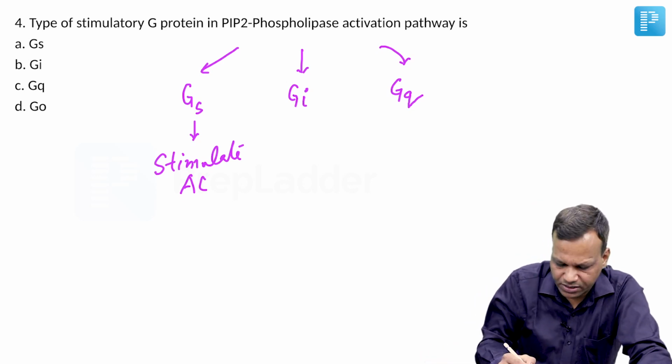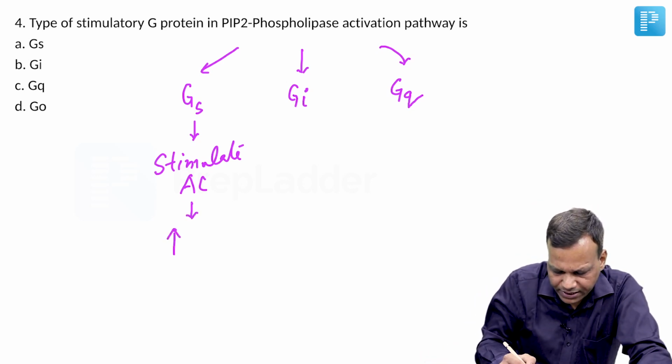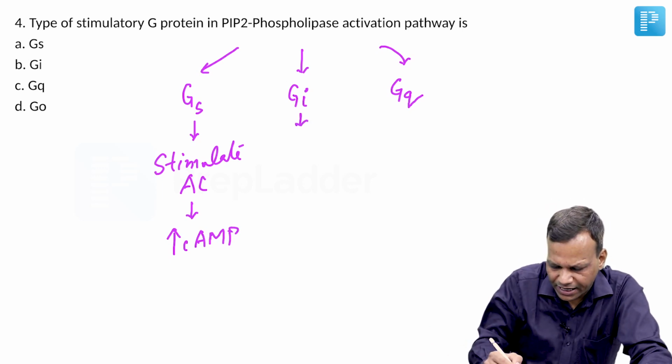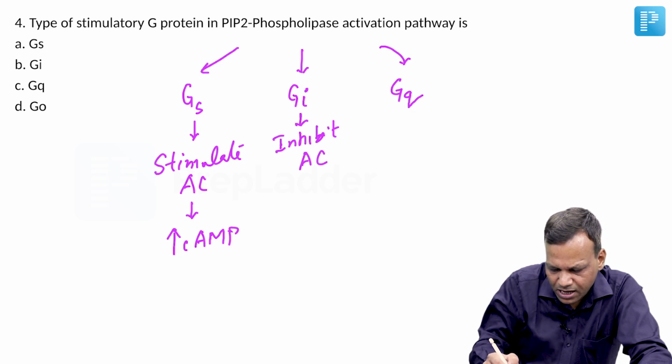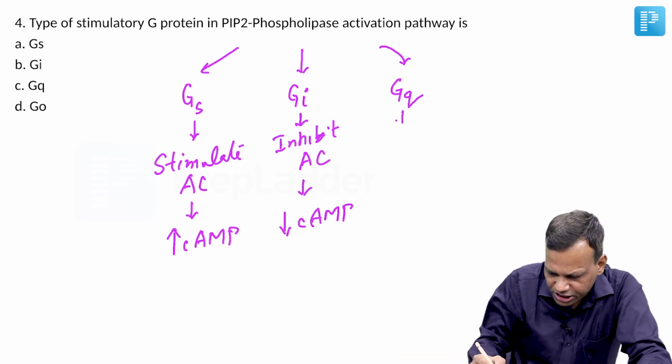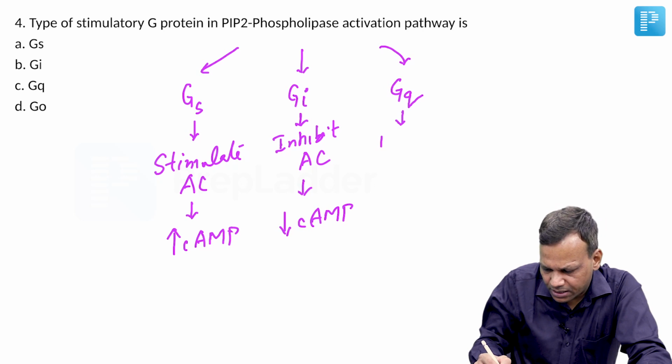When adenylate cyclase is stimulated, it will increase cyclic AMP. Whereas Gi, I means inhibit, it inhibits the same enzyme, adenylate cyclase. When that enzyme is inhibited, there will be a decrease in cyclic AMP. On the other hand, Gq stimulates an enzyme known as phospholipase.